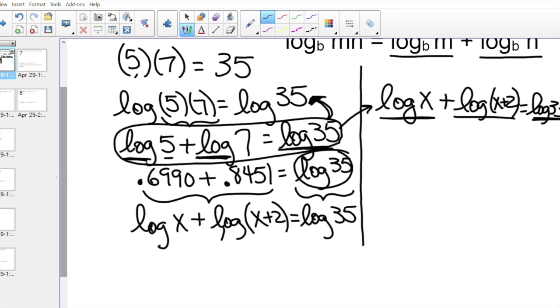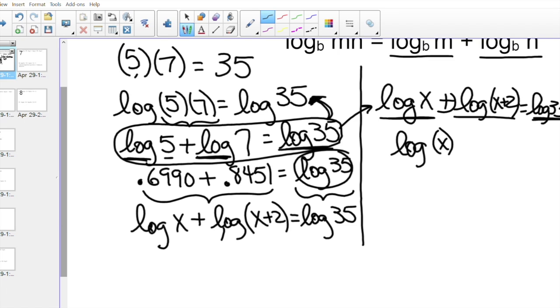Well, prior to that, we had log of 5 times 7 equals log 35. So over here solving the equation, we're going to write not log x plus 2 again. We're going to write log x.